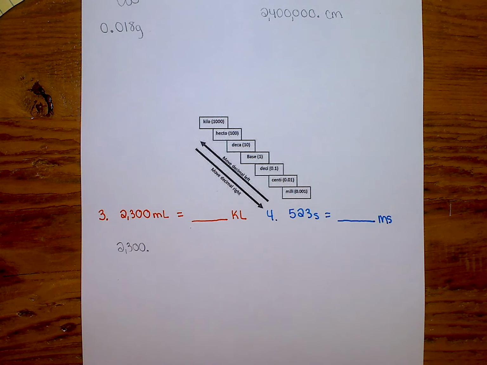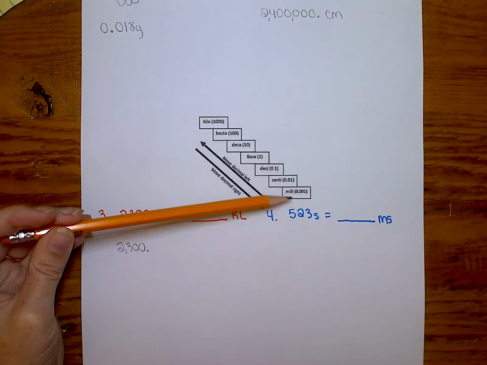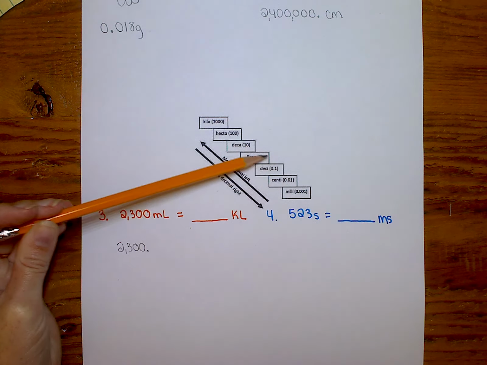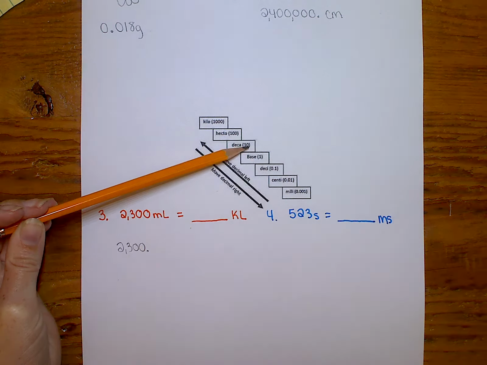So what does that mean? That means we're actually dividing by 10, 100, 1,000, 10,000, a million.